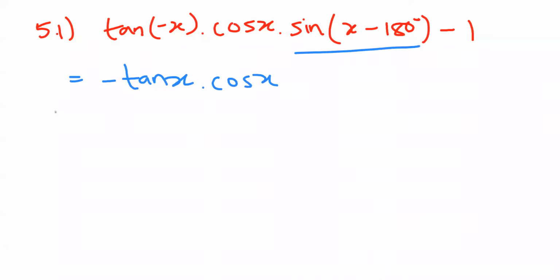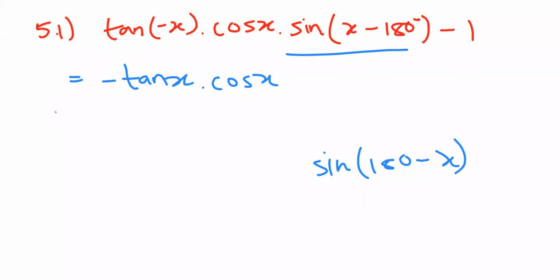Sine of x minus 180. Ruman, what is sine of x minus 180? Just keep in mind that is not the same as 180 minus x. So it's negative sine x. Correct. That is equal to negative sine x.